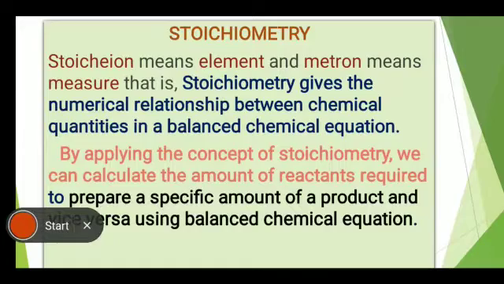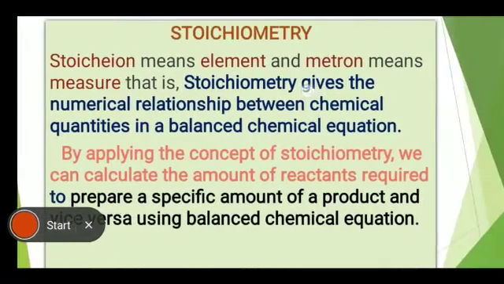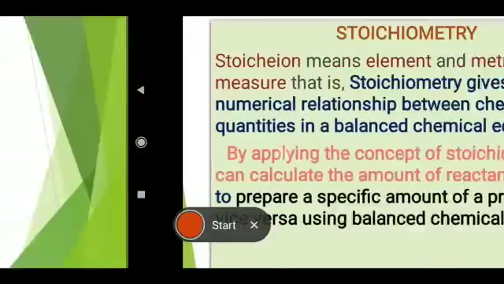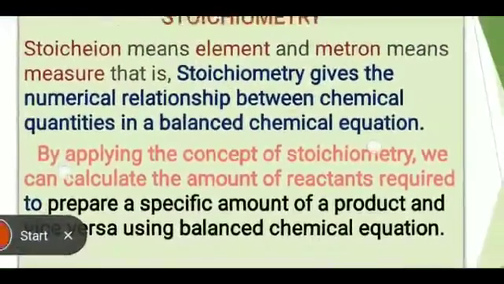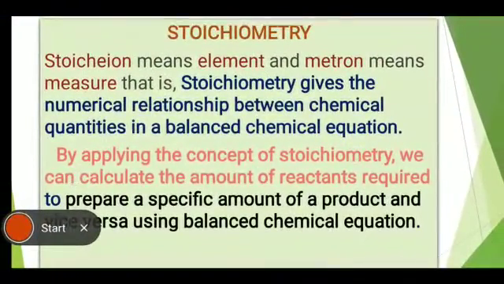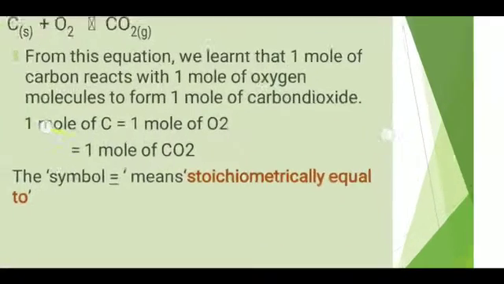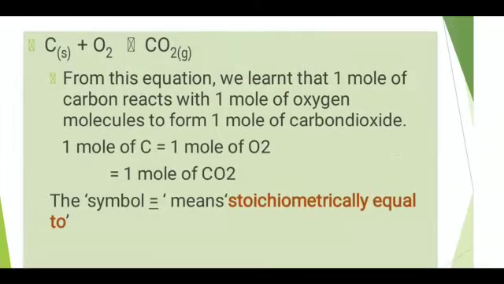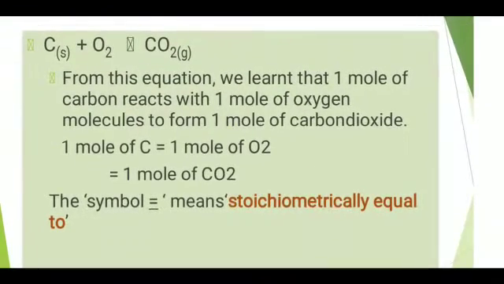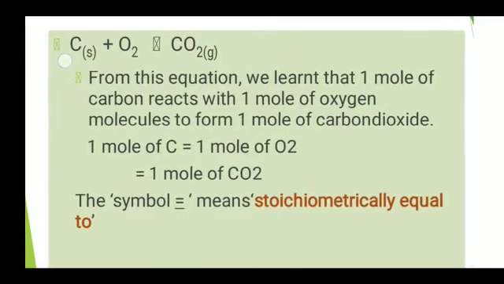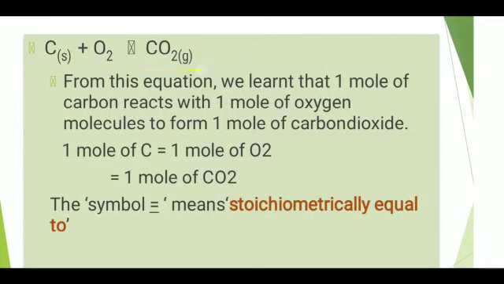Understand, children? So what is stoichiometry as per the chemical reaction? Stoichiometry gives the numerical relationship between chemical quantities in a balanced chemical equation. To understand what is a stoichiometric equation, let us consider the following chemical reaction. C in the solid state plus O2 in the gaseous state, we are getting CO2 in gaseous state.